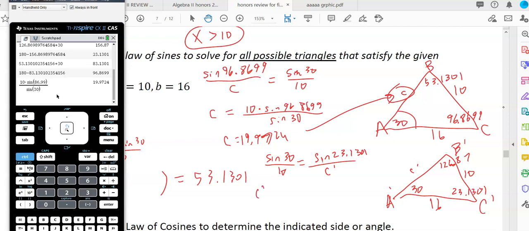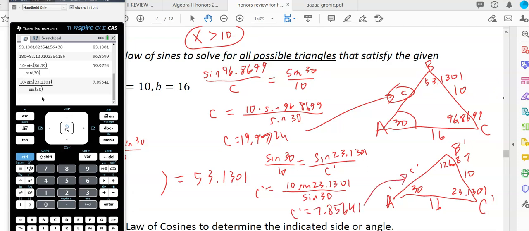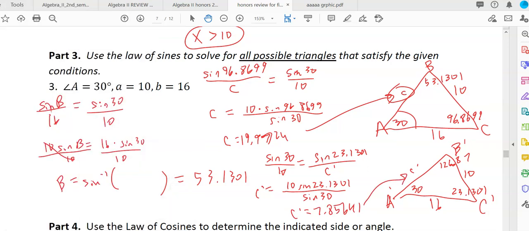So little c prime is going to equal 10 times sine of 23.1301, all divided by sine of 30. So let's see, I'm going to retype that one. We get little c prime is 7.85641. There we go. A lot of work.